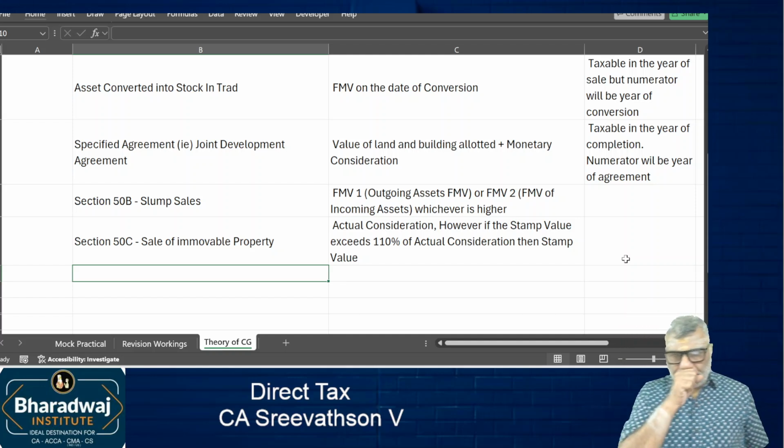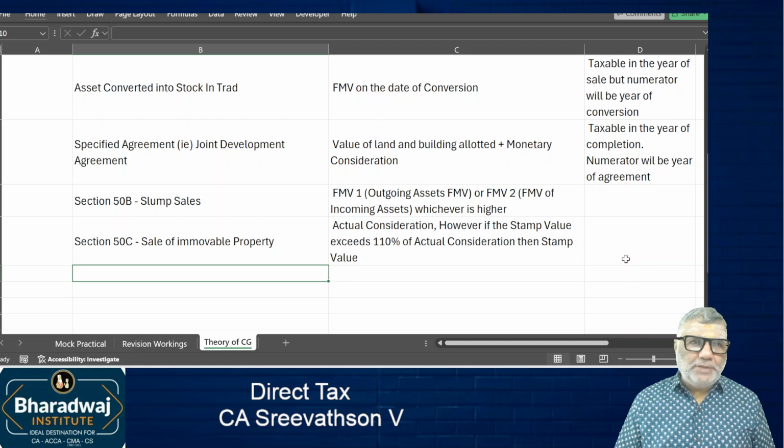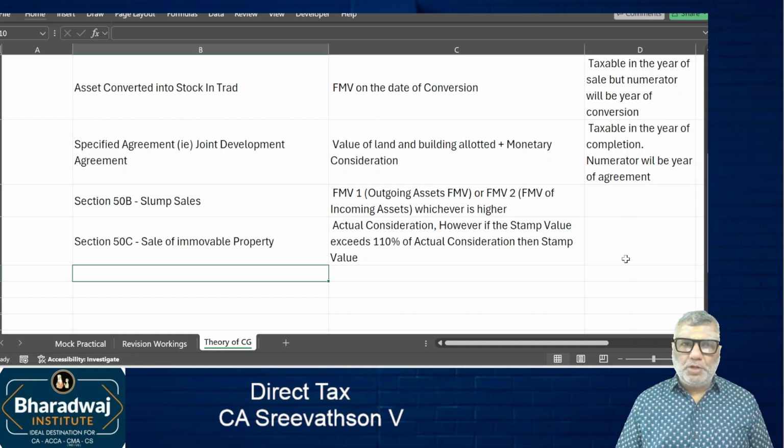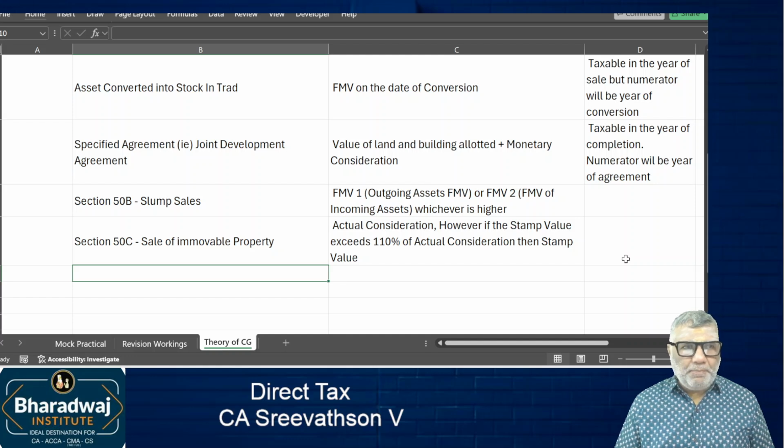Okay. If the stamp value exceeds 110% of actual consideration, then take the stamp value. Is the class understanding? Okay.